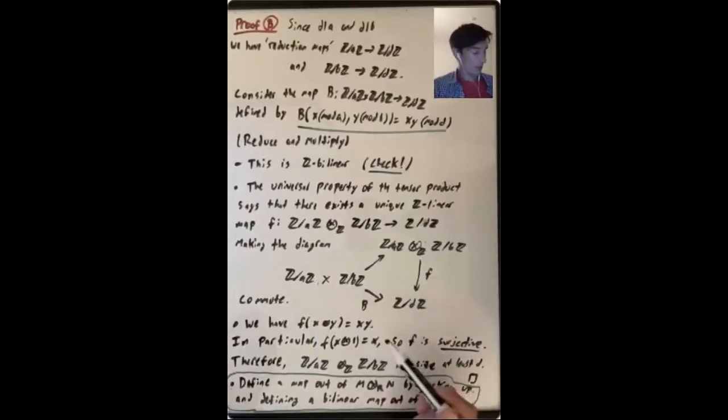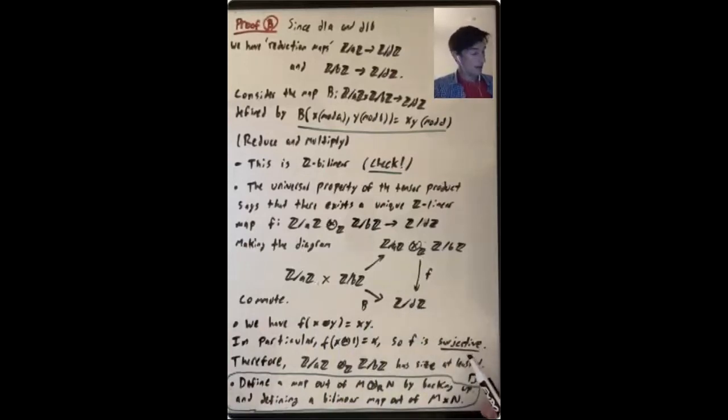All right, so what is true about this map? Well, if you just take Y equals 1, F of X tensor 1 is X. So X is an element in Z mod AZ, and you get X mod D. You get the reduction in Z mod DZ. So in particular, this already is enough to show that F is surjective.